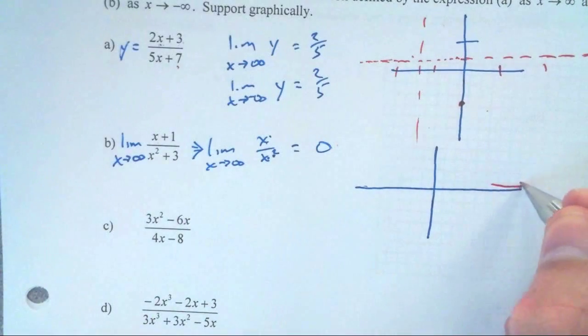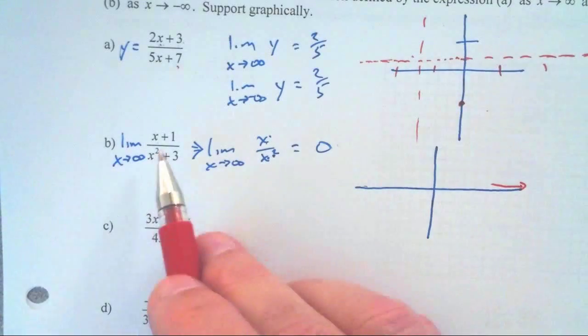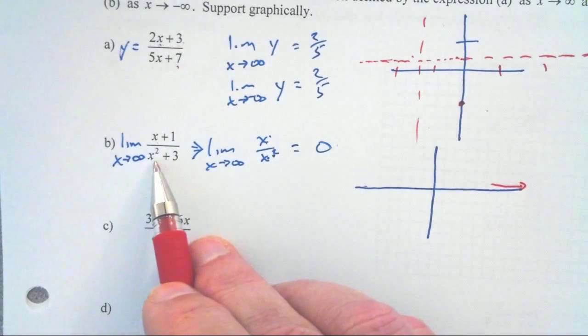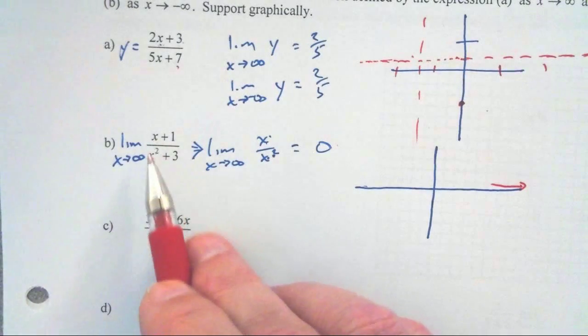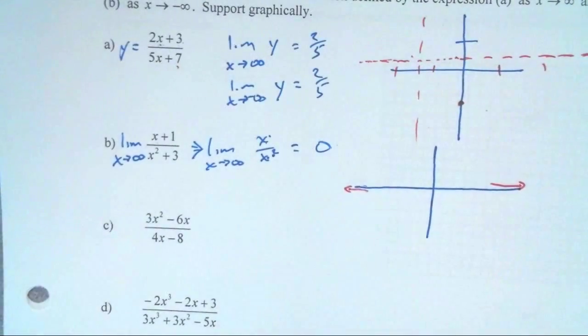It's approaching from here. If I put in huge negative, I get negative over positive, right? When I square it, negative over positive is negative. It's approaching from under here. So that's a little bit useful if I had to graph it. Is that all right? Okay.